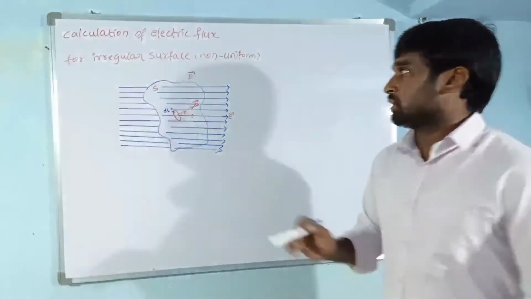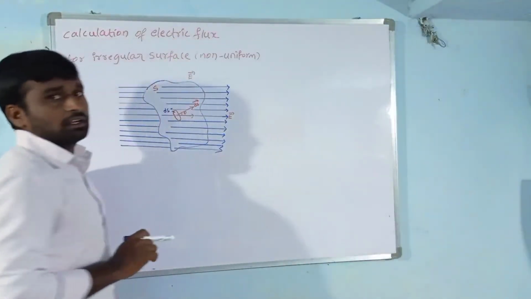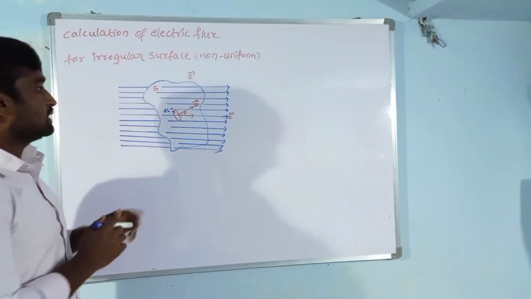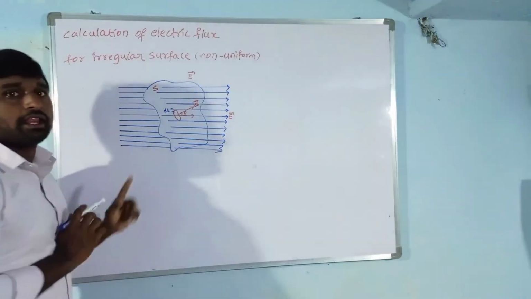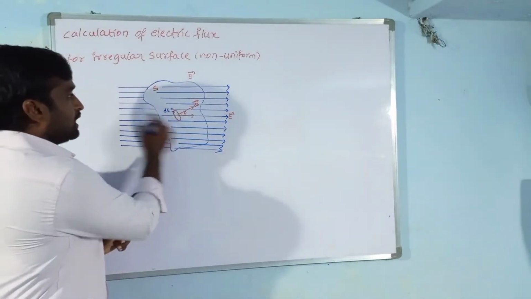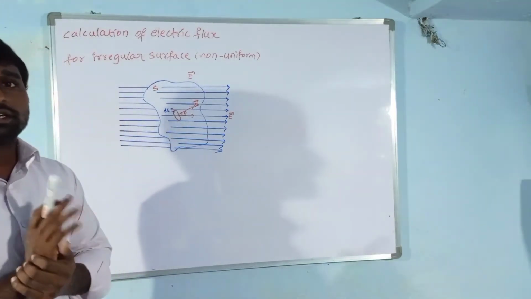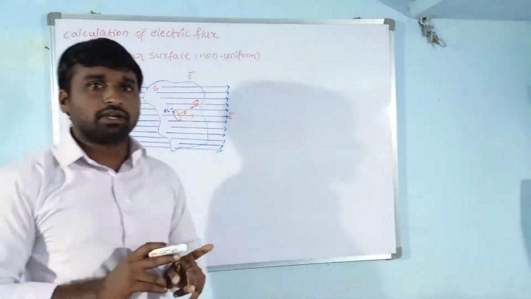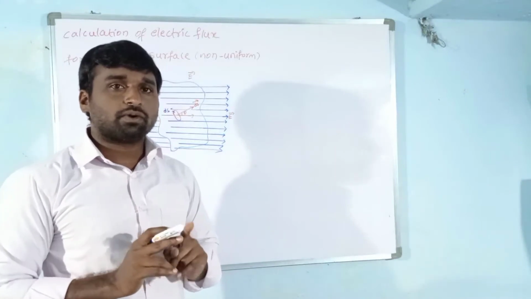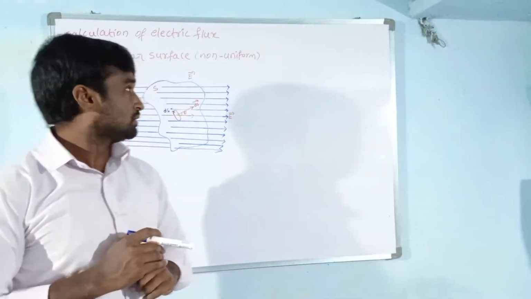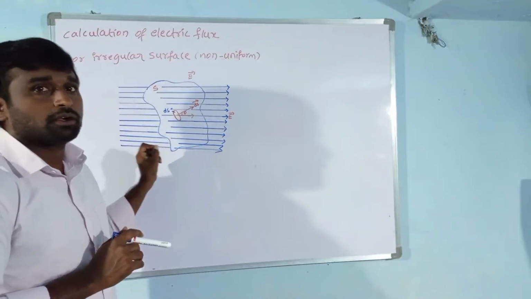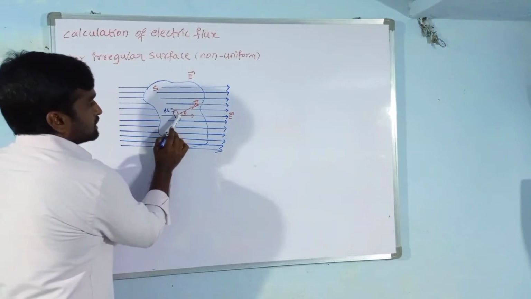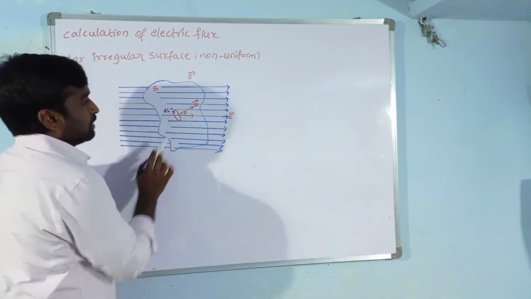In order to find the electric flux linked with the non-uniform surface of area S, let's consider a small area element, whose area is dS. We know that area is a vector quantity, and its direction is perpendicular to the surface, normally outwards.